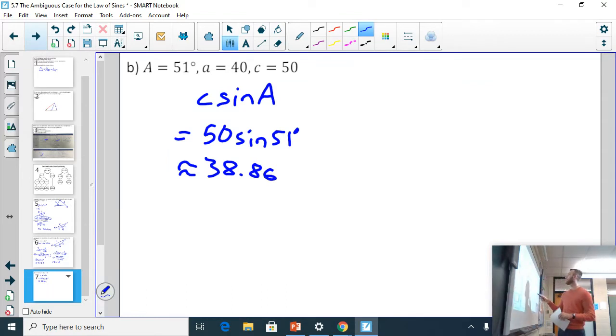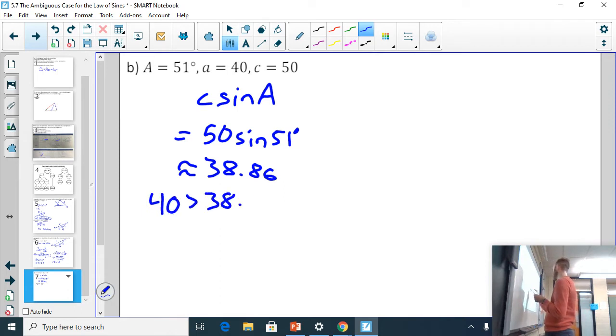And that is, we have A is 40, and 40 is greater than 38.86. So since we have that, we have two solutions.